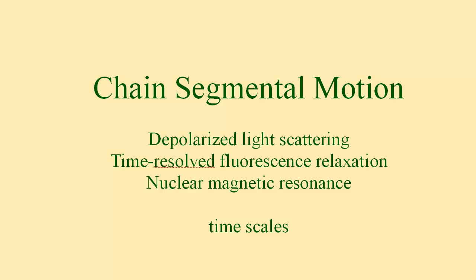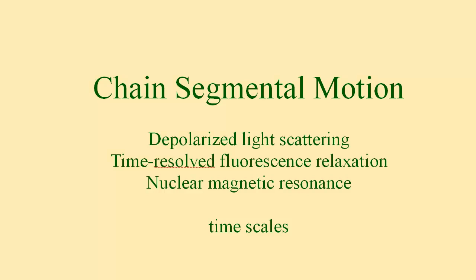In time-resolved fluorescence relaxation, what you have to do is to label the polymer chain with a fluorescent dye. The fluorescent dye is incorporated organically through covalent bonds into the polymer chain, usually in the middle. You illuminate the molecule with light that brings it up to a fluorescent state.